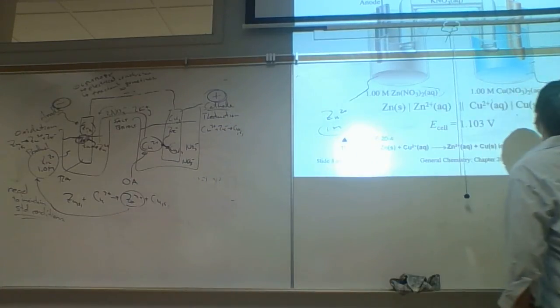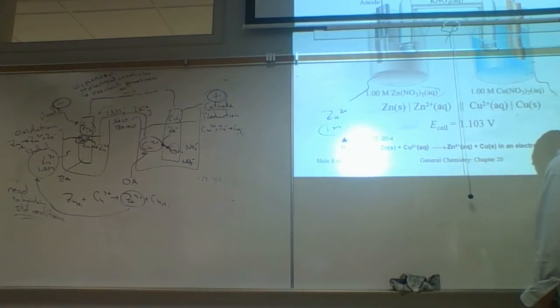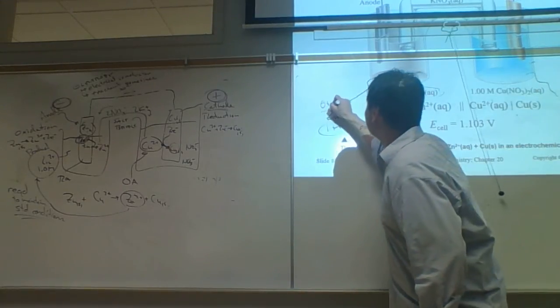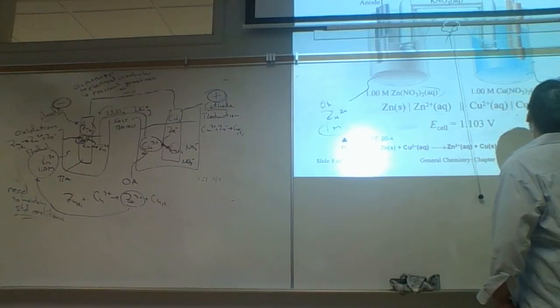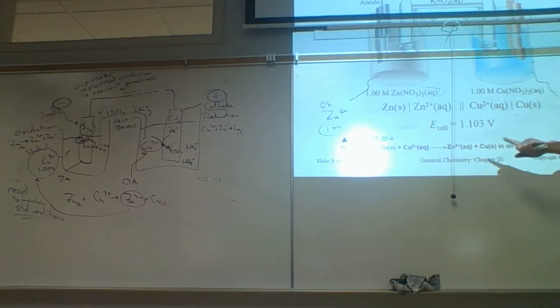Over here, we have Cu2+, 1 molar. Zn2+ is an oxidizing agent, Cu2+ is an oxidizing agent. Both are pulling for electrons. Which one's going to win? The Cu2+ is going to win because Cu2+ is a stronger oxidizer, right?